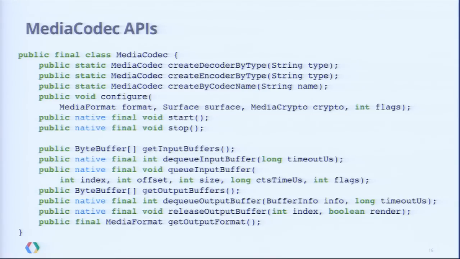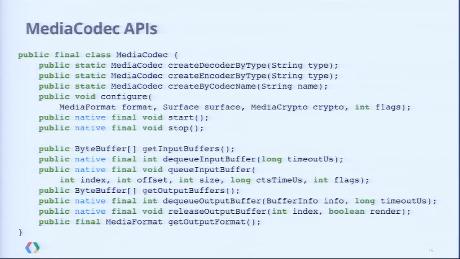At the core of the media codec API is how we pass data back and forth between the application process and the media server process. We are using arrays of byte buffers for this purpose. There are 2 arrays of byte buffers. One is used for the input.